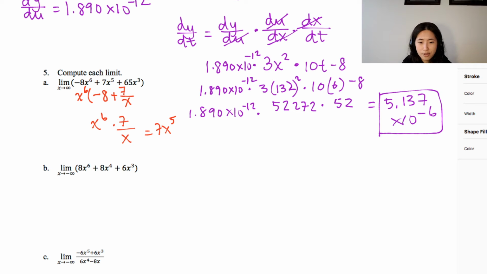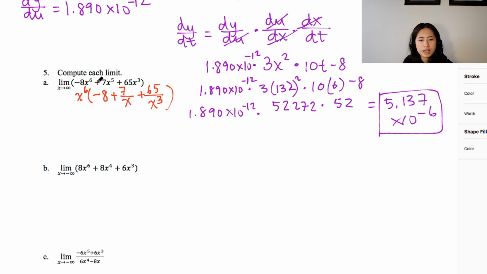And then you have 65x cubed. When you take that out, you should be left with plus 65 over x cubed, because when you multiply this to this, you would just have x cubed on top, because 6 minus 3 would give you 3. So that's it for this question, and you have factored out x raised to the power of 6.